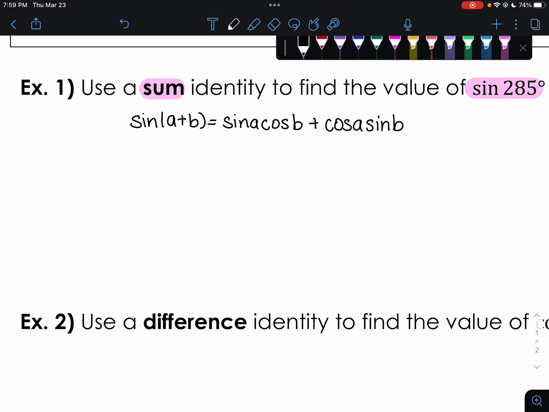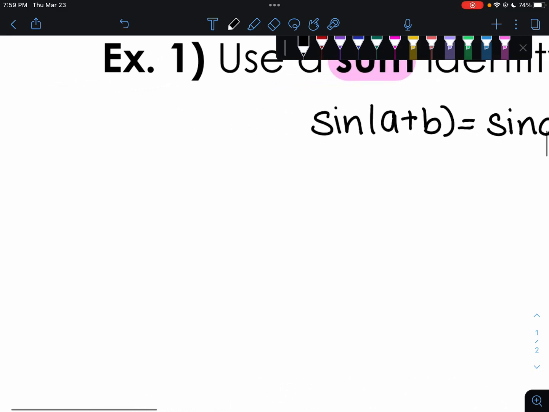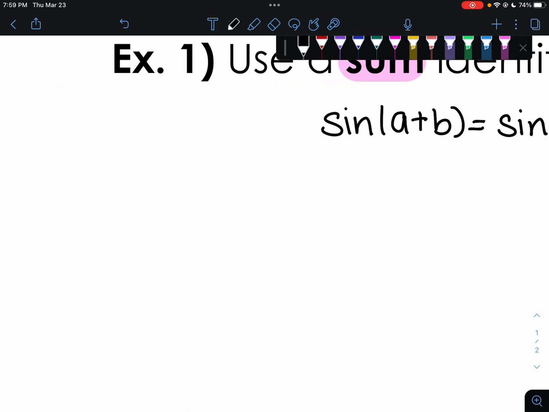What we need to do is figure out two angles that we know their trig values to that add to give us 285, because 285 is not one of the trig values that we are expected to know. So we break it down into the things we know. How I end up doing it is I usually work backwards and I figure out, okay, 285 minus an angle will give me another angle.